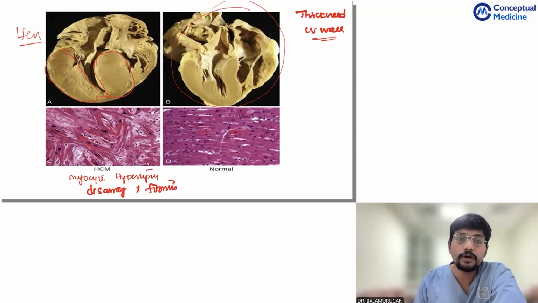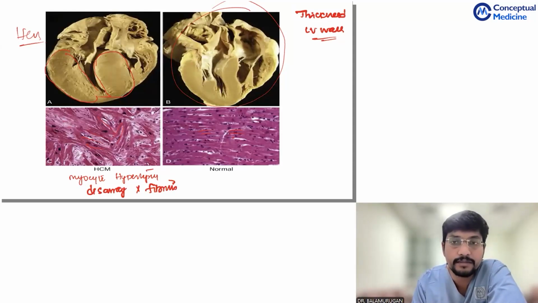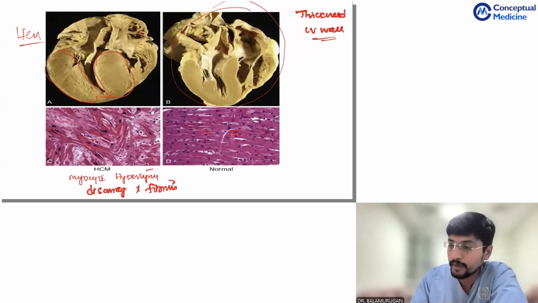So the histological characteristic of HCM is myocyte hypertrophy and disarray with myocardial fibrosis. This is also an MCQ. Please remember, guys, that disarray is a specific term that is usually asked. Histopathological examination reveals myocyte hypertrophy and disarray in HCM.